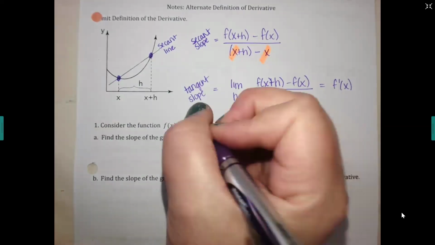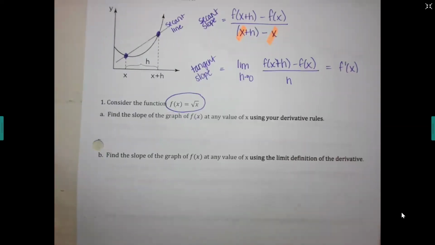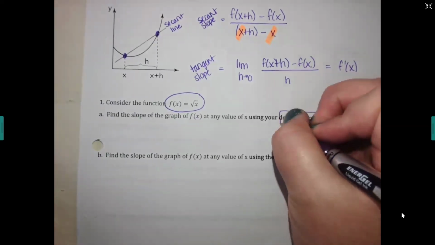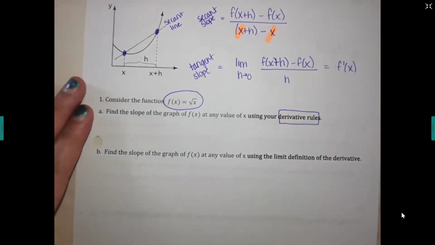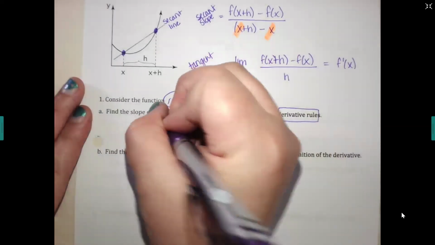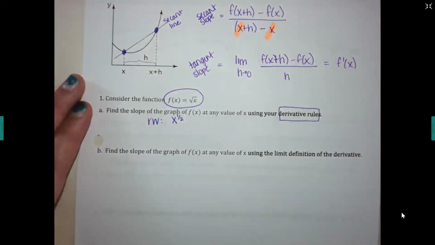So you have f equals square root x. First, we're going to take the derivative using the rules. Now, a square root is an advanced derivative because it requires a rewrite. What rewrite would I use for a square root? A half. Very good. So we're going to do x to the half, and then we're just going to take the derivative.